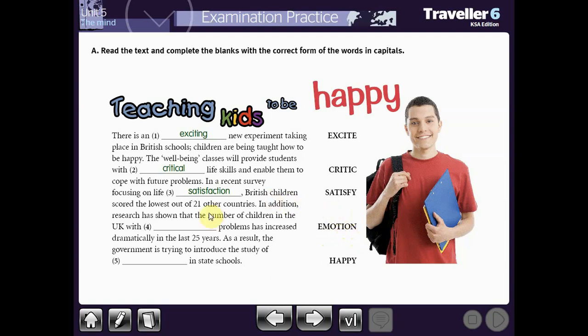So I think we should add al. It will be emotional. So what is the meaning of emotional? It means something relating to emotions.